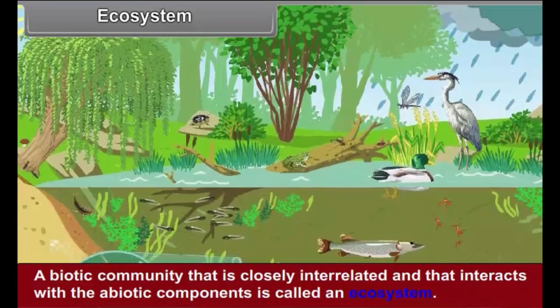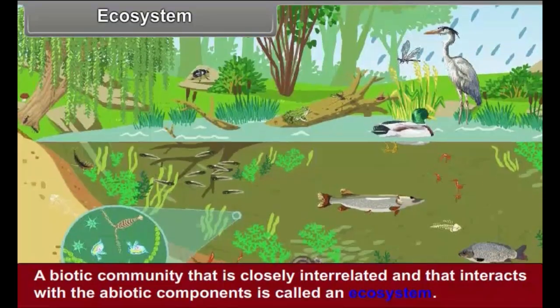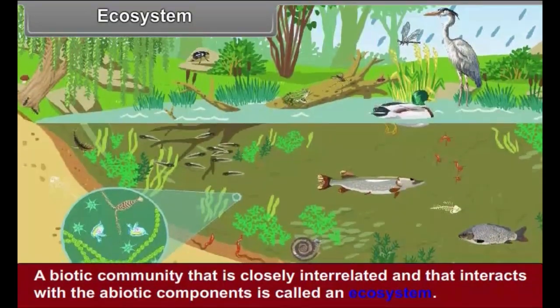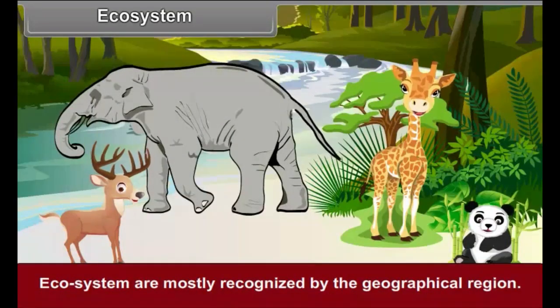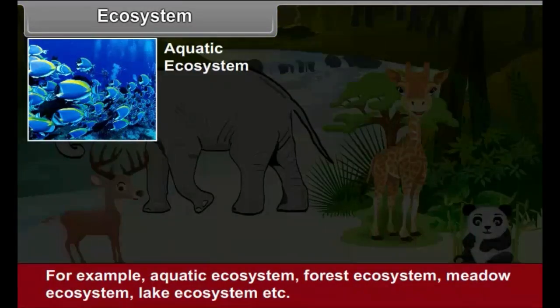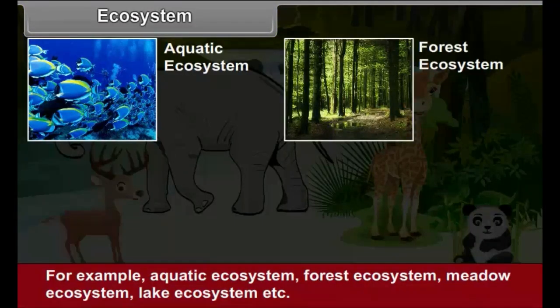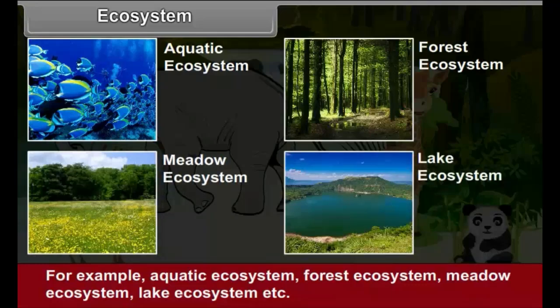A biotic community that is closely interrelated and that interacts with the abiotic components is called an ecosystem. Ecosystems are mostly recognized by geographical region. For example, aquatic ecosystem, forest ecosystem, meadow ecosystem, lake ecosystem, etc.